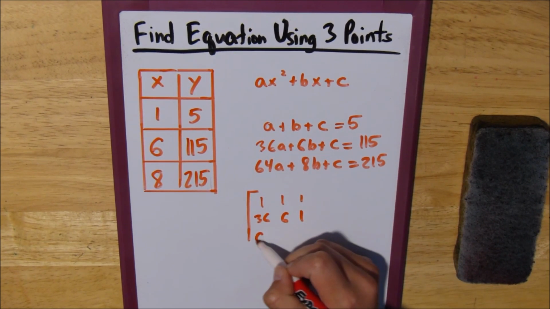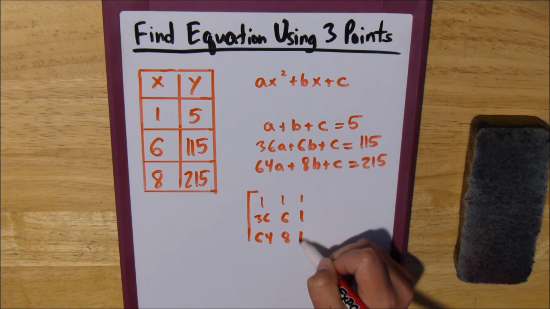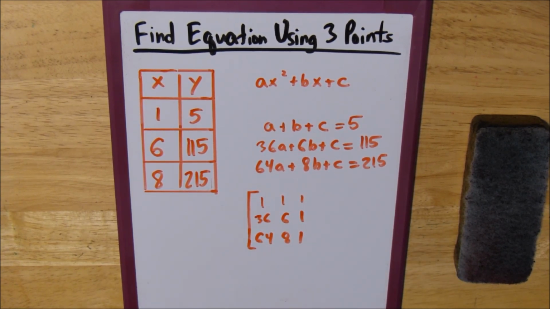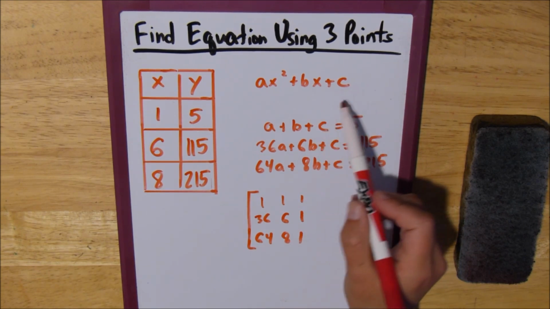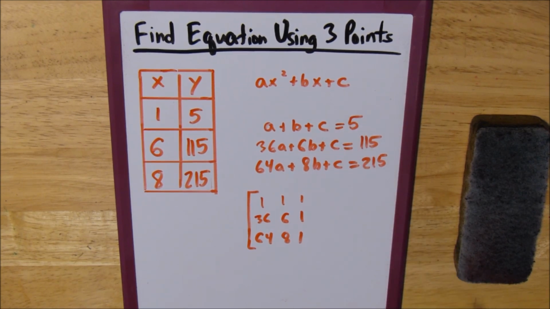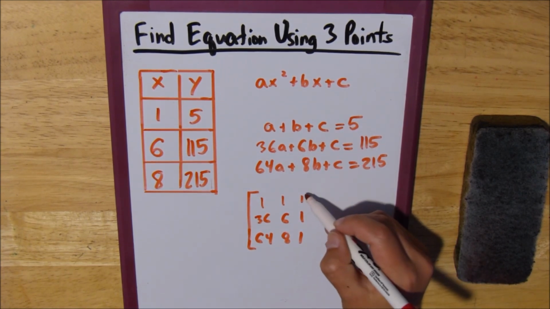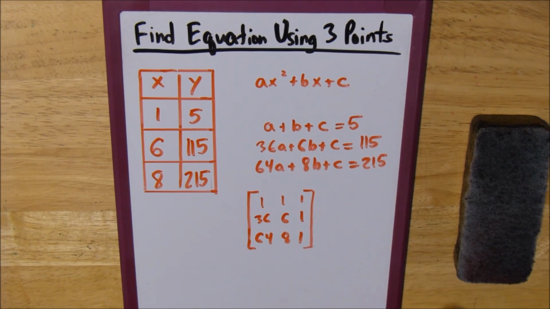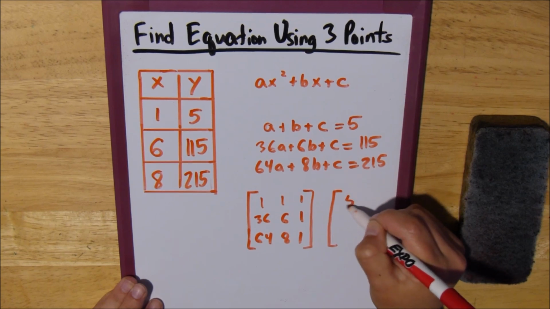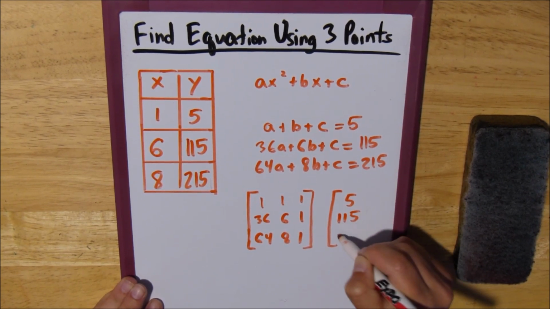Then we have 64, 8, and 1. Now notice that your c value is normally going to be 1, because you're not multiplying c by x, so it's just going to be 1. And then our second matrix is going to be these y values: 5, 115, and 215.